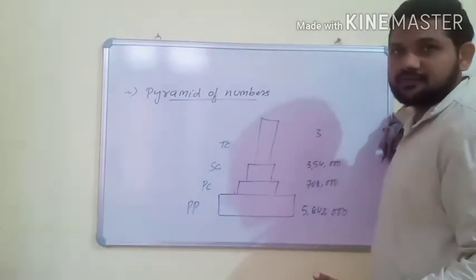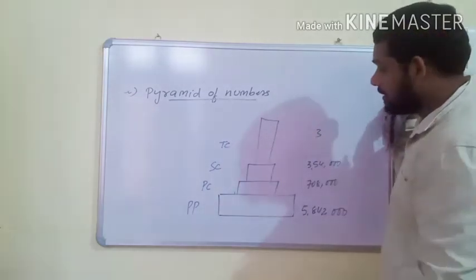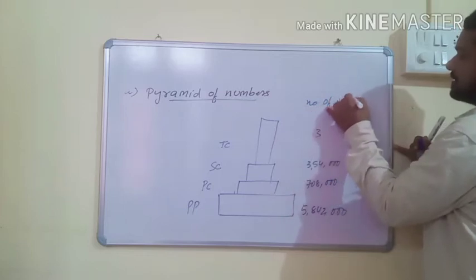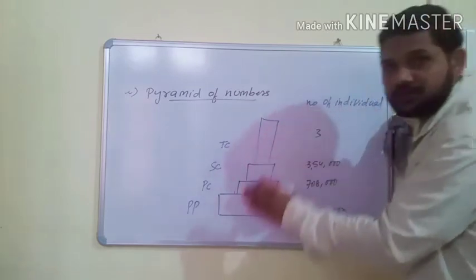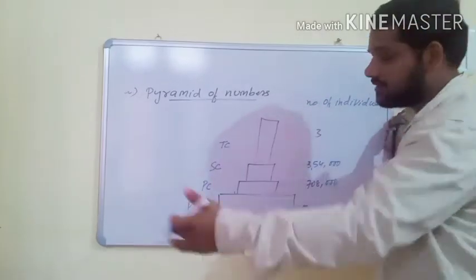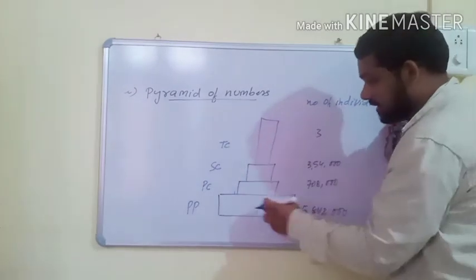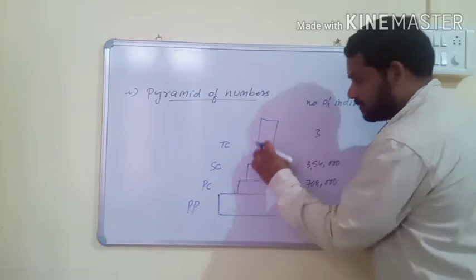What is pyramid of number? It is a graphic representation of number of individuals per unit area of different trophic levels, sequence wise: producers at base, herbivores at middle, and carnivores at top.